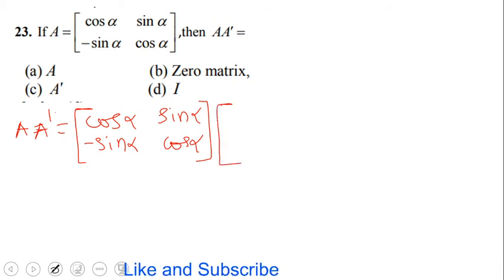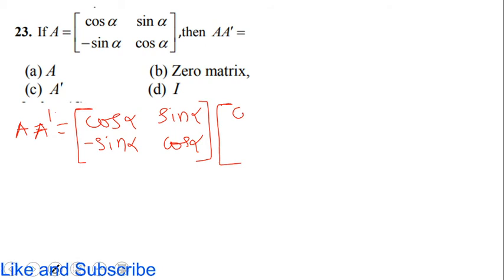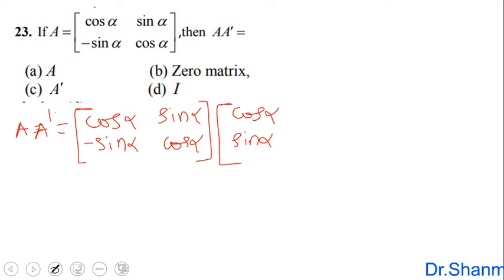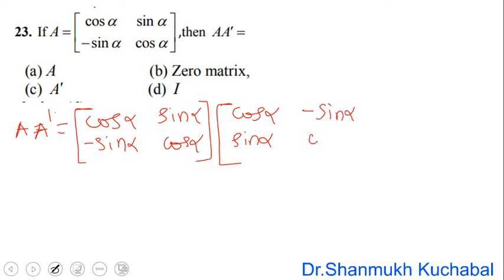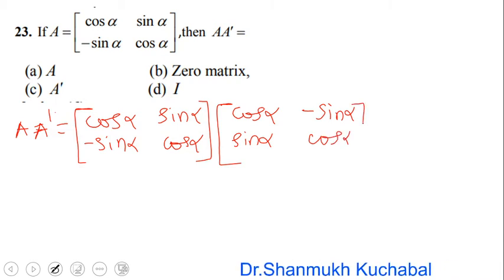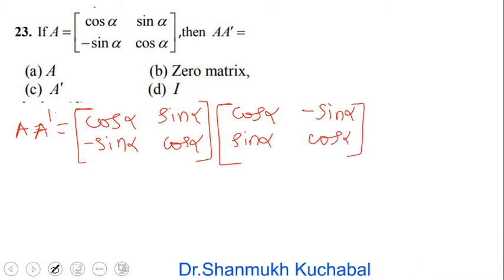Then A dash is the transpose of the matrix. The first row becomes the first column, cos alpha, sin alpha. Then the second row becomes the second column, minus sin alpha, cos alpha.